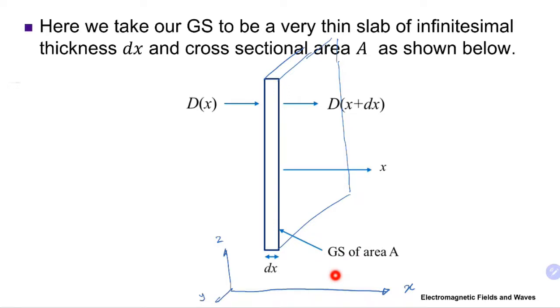So this is my area A, and therefore the electric flux going into this volume, which you can think of as an infinitesimally small volume with an area A but very thin thickness dx.